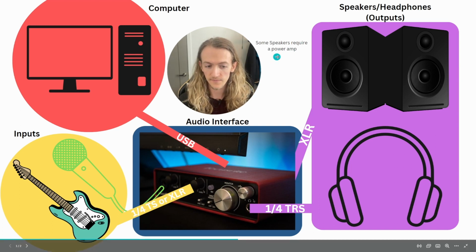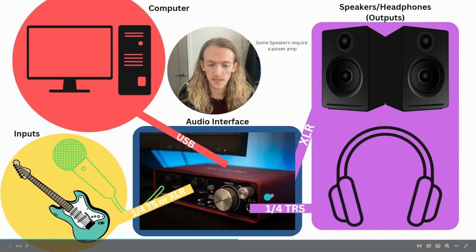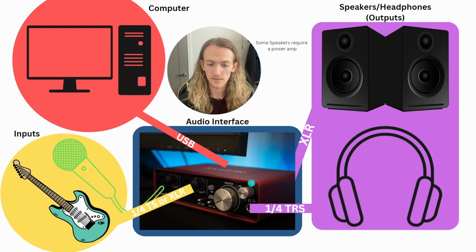There are lots of different brands and types, but essentially its job is to take audio analog information, analog sound, and allow a computer to understand it. So it converts analog to digital.